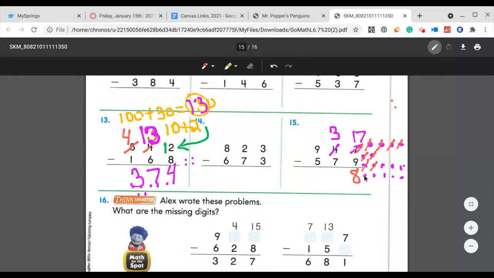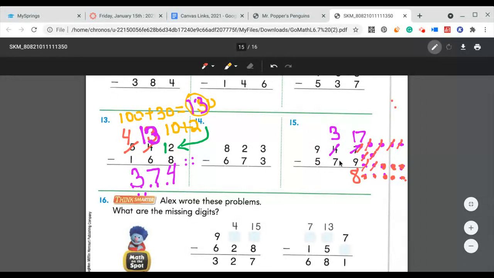We can also count up from 9 to 17. 9, 10, 11, 12, 13, 14, 15, 16, 17, and we have 8. We're done subtracting our ones column.